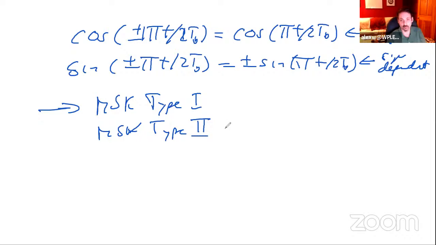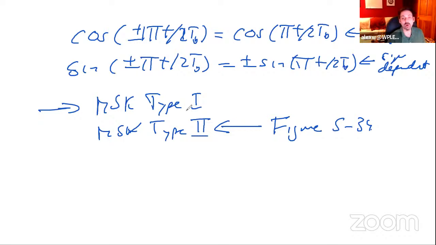In your book, this guy here is kind of interesting. This is figure 5-34. MSK type 1 is what I've been looking at with respect to the mathematical expressions.